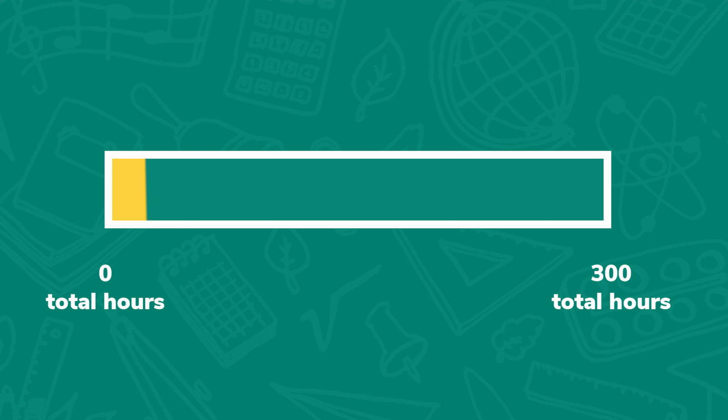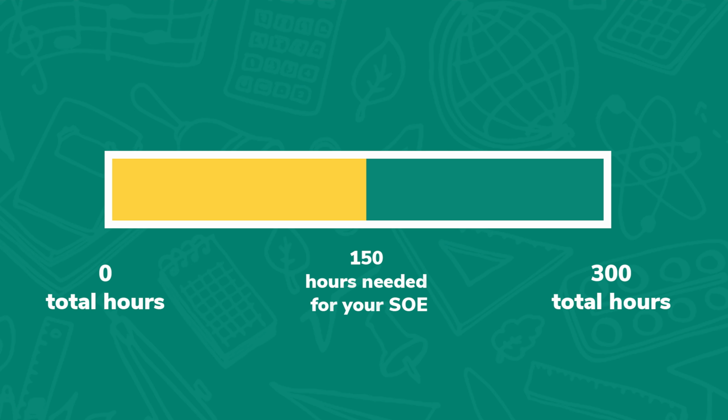For your SOE specifically, you'll need to complete 150 of those hours, unless you qualify as a late hire, and we'll talk about that later. So no matter which ACP you choose, expect the same SOE coursework requirements. As you're working through your early coursework, your program is also helping you get test ready, because passing your content exam is the next big requirement for your SOE. Let's walk through it next.